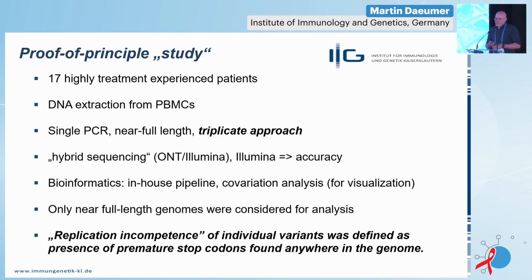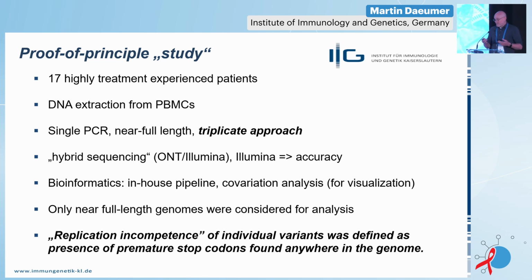This was the point where we decided to go for a proof of concept study, in which 70 highly treatment-experienced patients were included. We did the DNA extraction directly from purified PBMCs. We applied a single PCR, not a nested PCR, which is near full length, in a triplicate approach to get as much variance as possible.